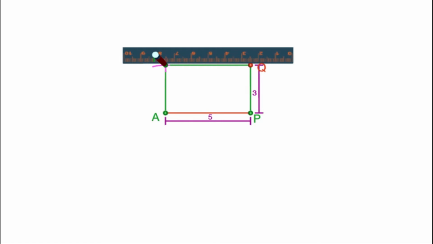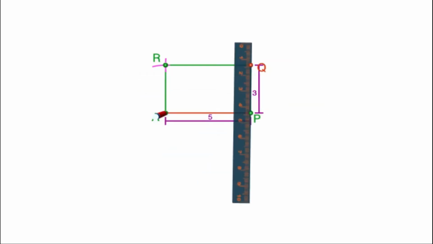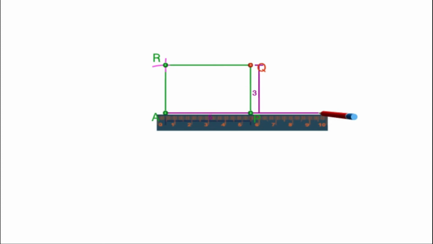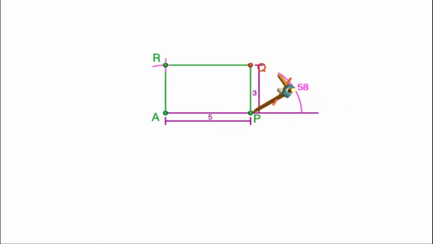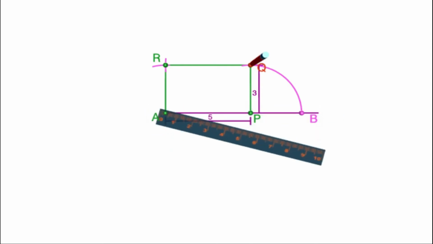Now we have to make another rectangle of the same area with width 6 cm. Let us extend the length AP and take the breadth PQ on it. Now PQ and PB are equal.